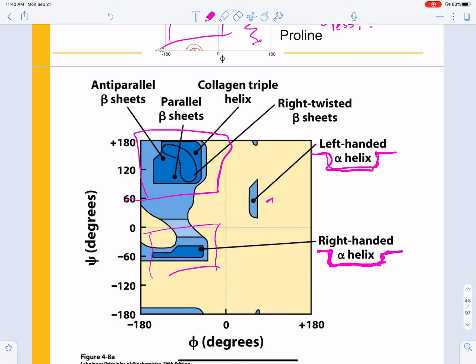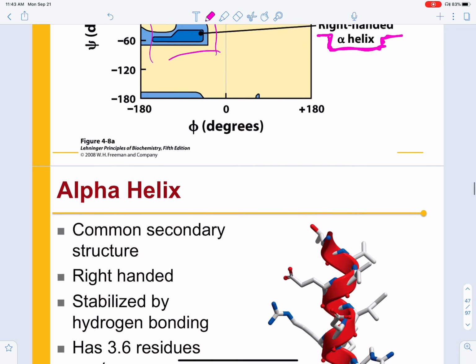So one reason is that this gives space for the side chains to spread out and be a little bit comfortable. The other reason is that these configurations maximize the amount of hydrogen bonding within the peptide backbone of the polypeptide.